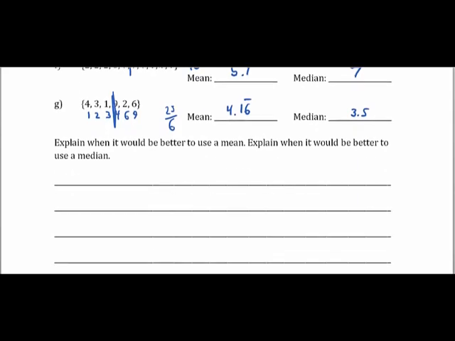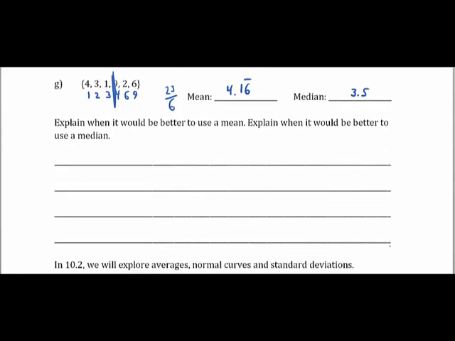So for our final question of the worksheet here on this first part of average, or first part of our capstone project, or the last part of the video of average Schmaverage, when would it be better to use a mean? When would it be better to use the median? I hope that through the course of these videos you've learned it's probably best to use a mean when you have a more symmetric set of data.